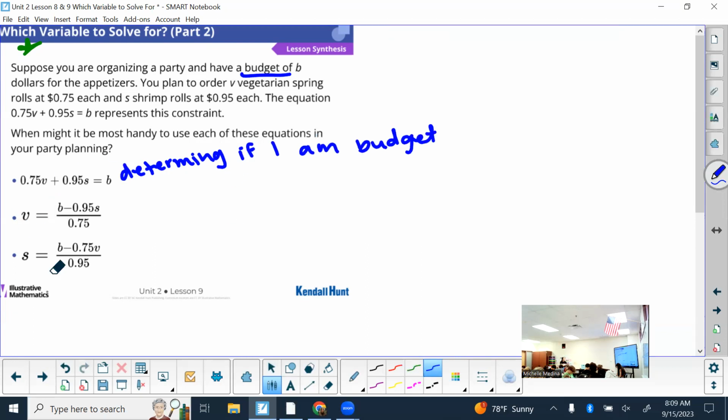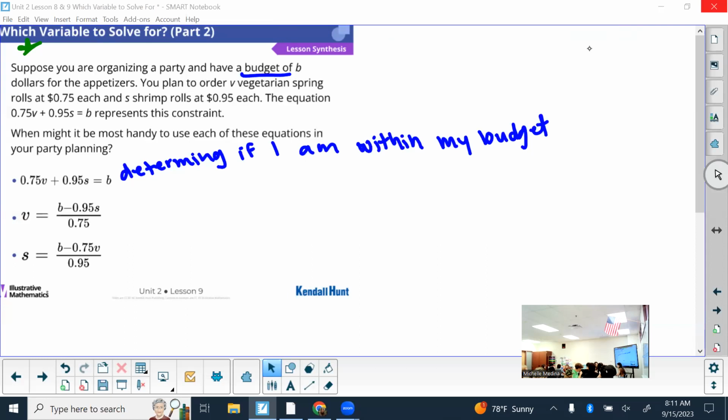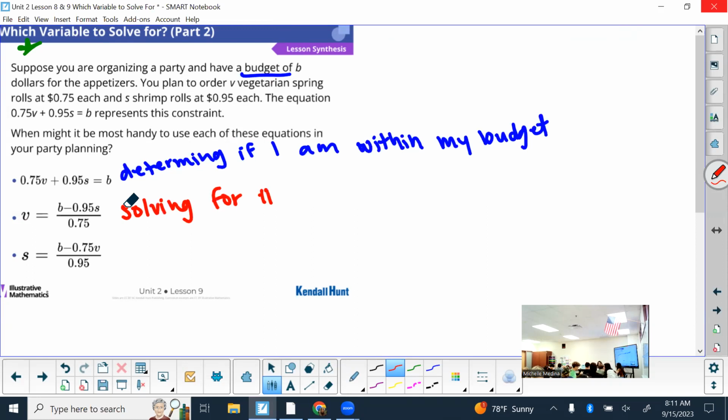Do the same with the next two. Decide which variable is easiest to solve for, and then what it represents: when might it be most handy to use each of these equations in your party plan? So when might it be most handy to use the second equation? Solving for the number of spring rolls to buy.